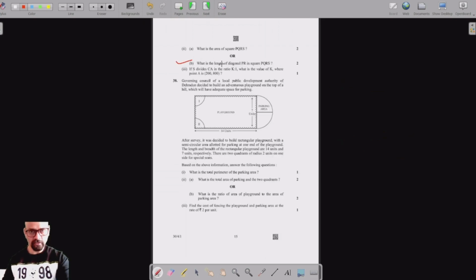And let's see what is asked next. We have to find the length of the diagonal if S divides C in the ratio k is to 1. What is the value of k, where point A is 200 comma 800?